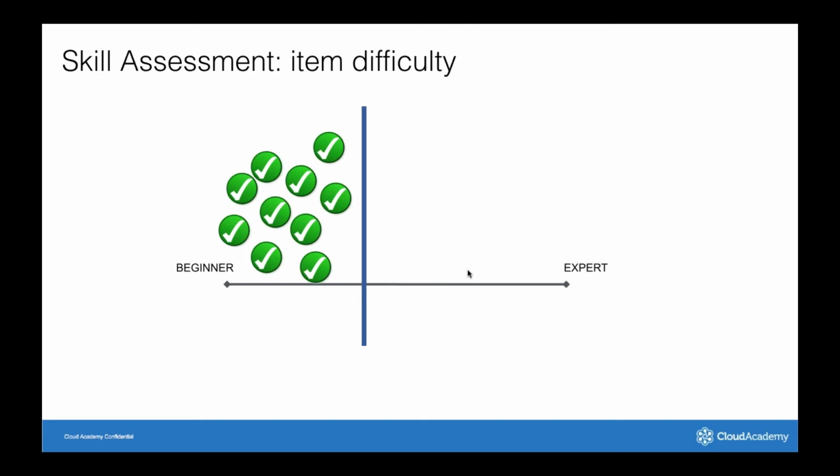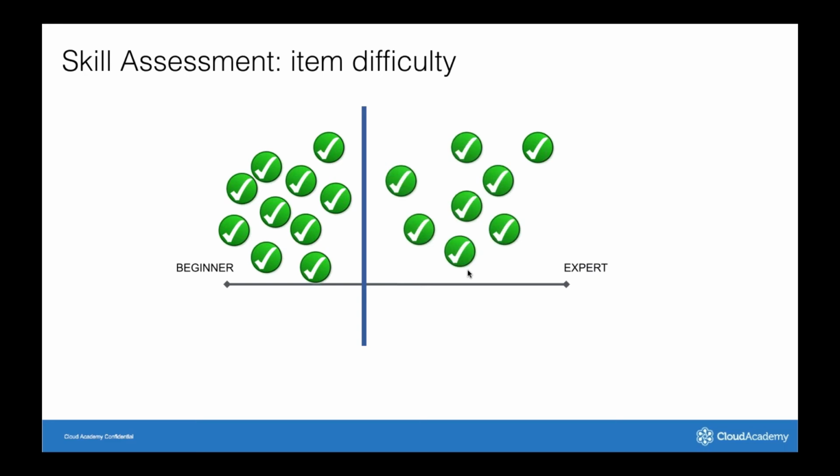So imagine that I keep asking you very simple questions. Even if I ask you 1,000 questions, I can never tell that you are an expert user, because I never tested you on higher level skills. To say that you are an expert, I need to test you also on skills that have a higher level. And only at this point can I say that your score is much higher than beginner.